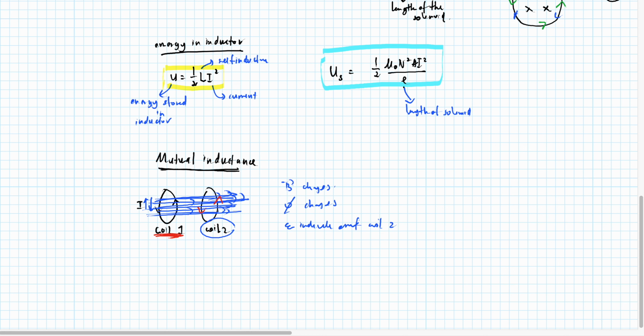The formula for mutual inductance is mutual inductance equals negative induced EMF divided by DI over DT.